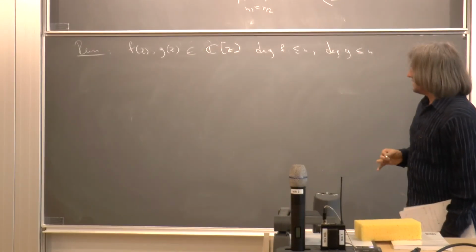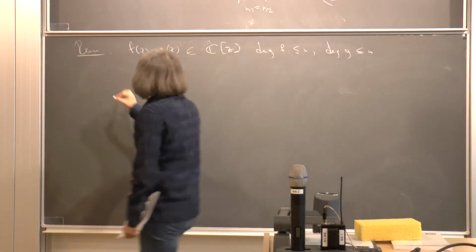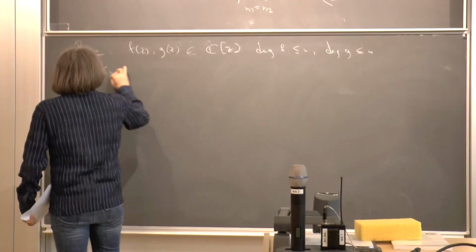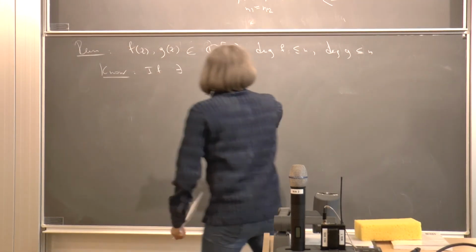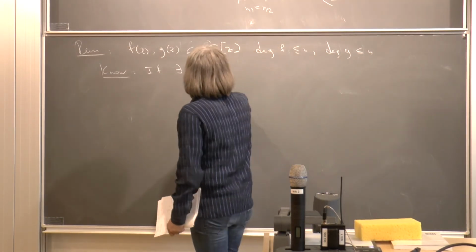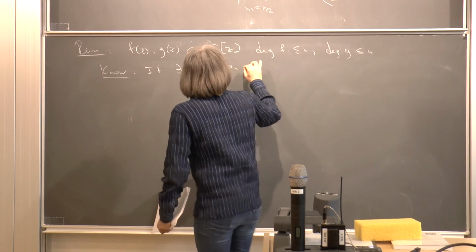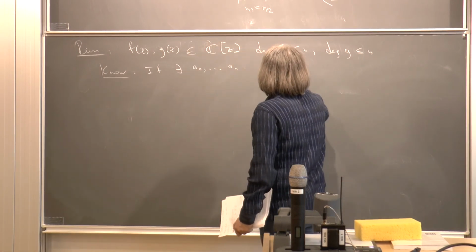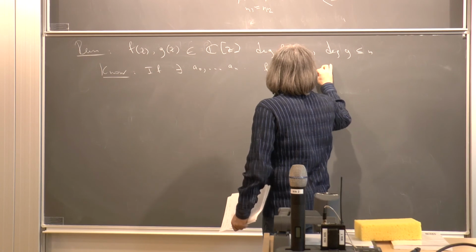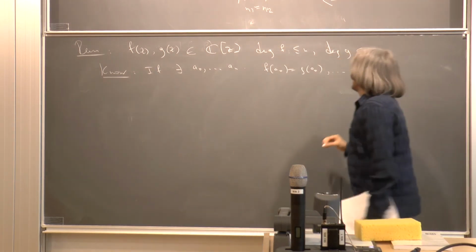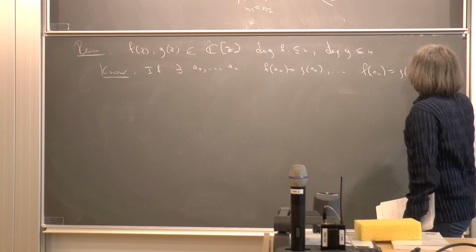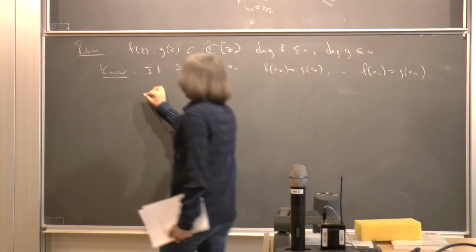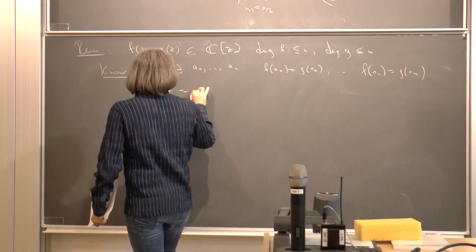Then, by standard algebraic methods, we know that if there exist n plus 1 points, a naught through a n, where they coincide, it follows that f equals g.